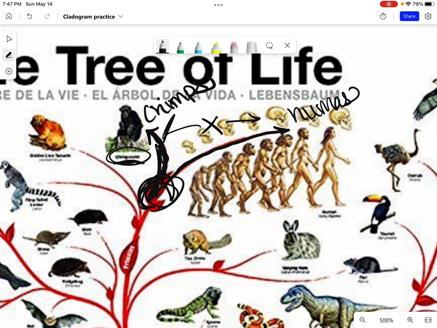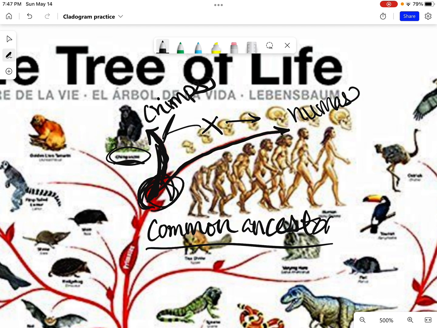That stands for our common ancestor. So anytime you have the intersection of two lines on a cladogram, that is a common ancestor. That means that at one point in time, chimpanzees and humans had a common ancestor.